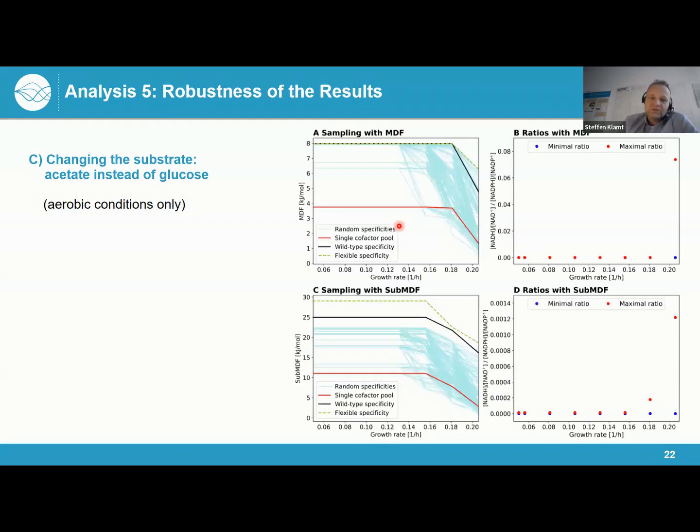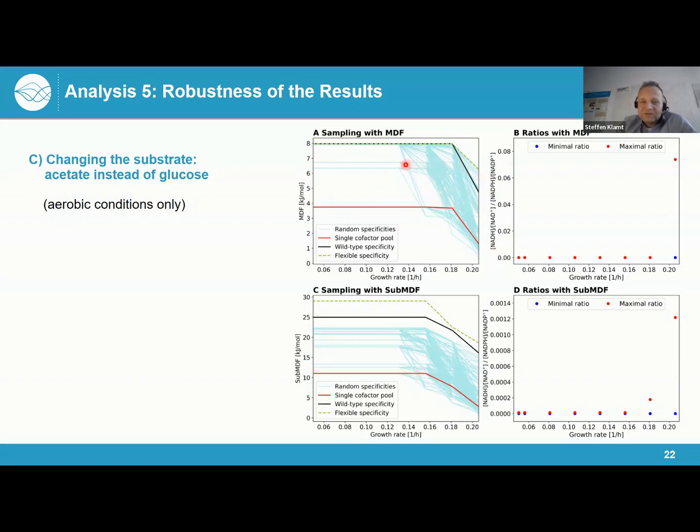And we then recomputed the MDF, the sub-MDF, and again, also these relative ratios of NAD and NADP. And what you can see is, again, the Y-type specificity gets close to the theoretical maximum of the flexible specificity, and the single cofactor performs much worse.